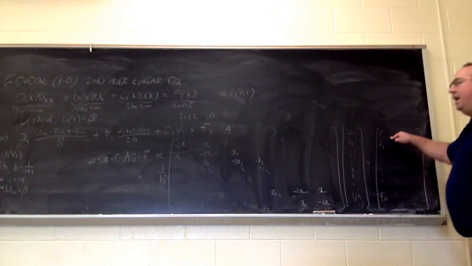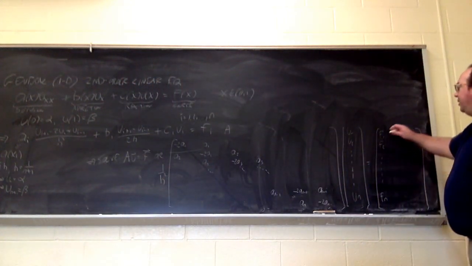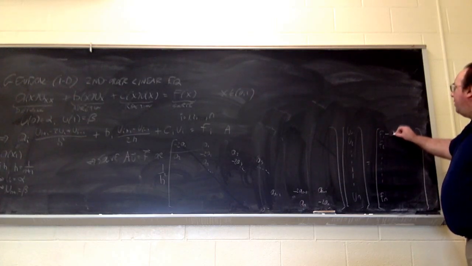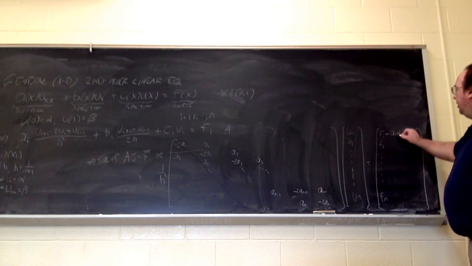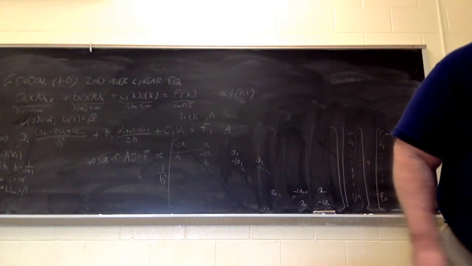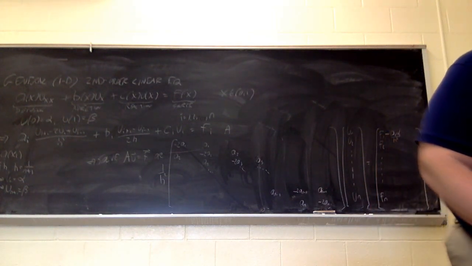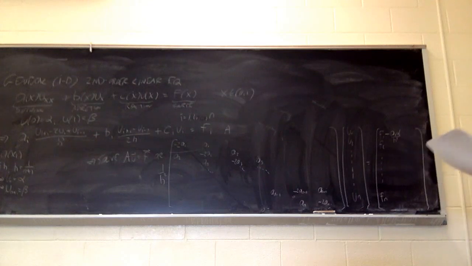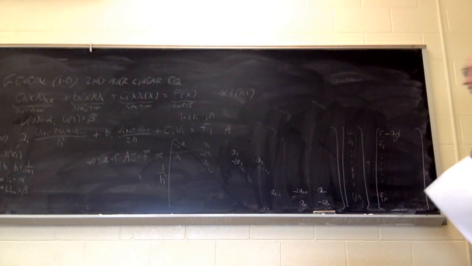So that's going to impact this right-hand side element here. So I'm going to have minus a1 u0, which is alpha, over h squared. So that's one of the boundary contributions. Okay, for the second term.